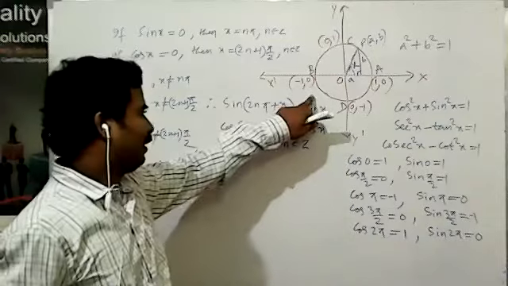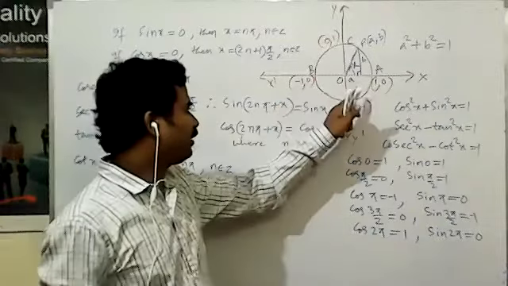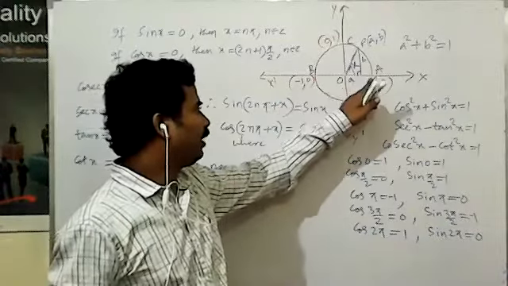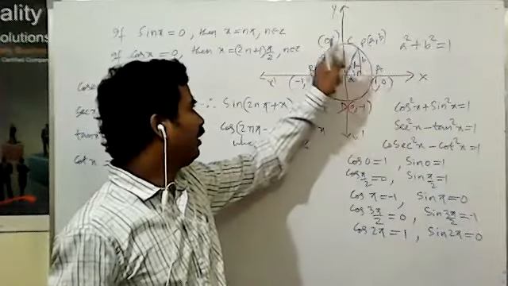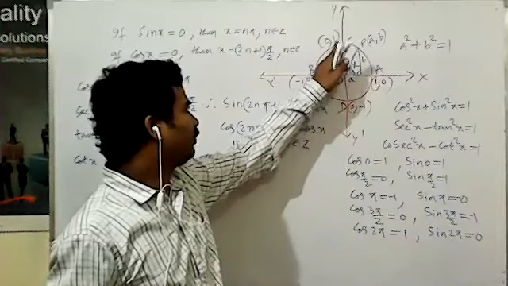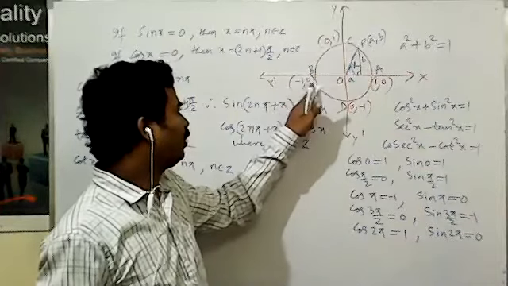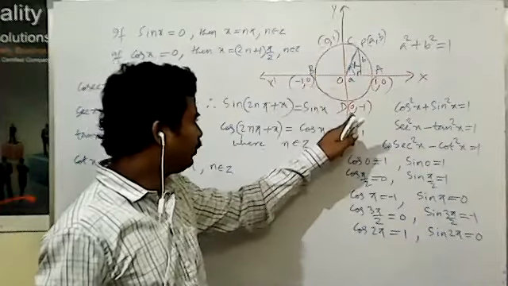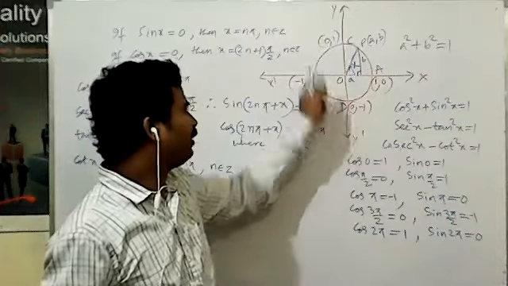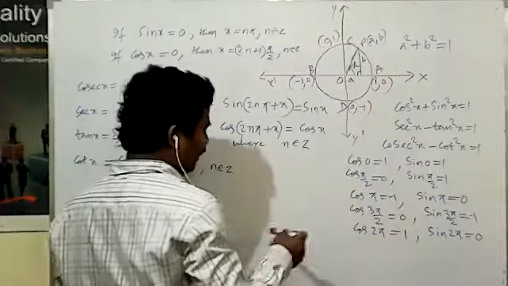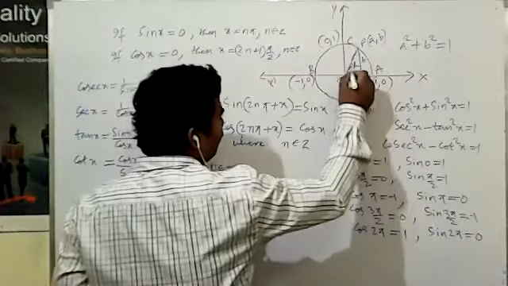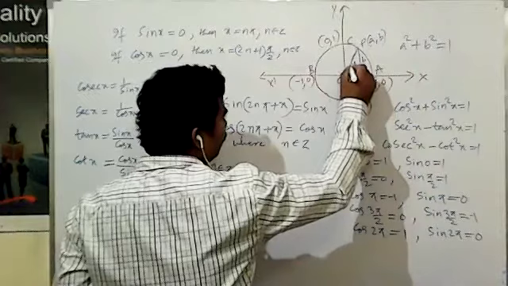This is a unit circle. That means here in the unit circle, the distance is equal to 1 unit. The points are x is 1, y is 0; x is 0, y is 1; x is minus 1, y is 0; x is 0, y is minus 1. This is the unit circle. Here this is the angle x.